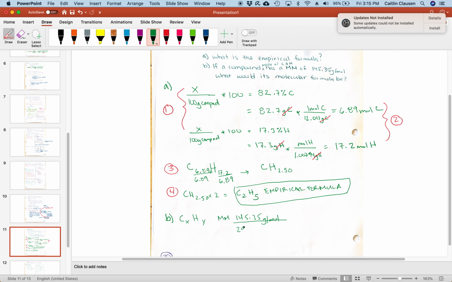And we get 29.062 grams per mole. And then this is the C2H5 molar mass. That should give me the ratio that I need.